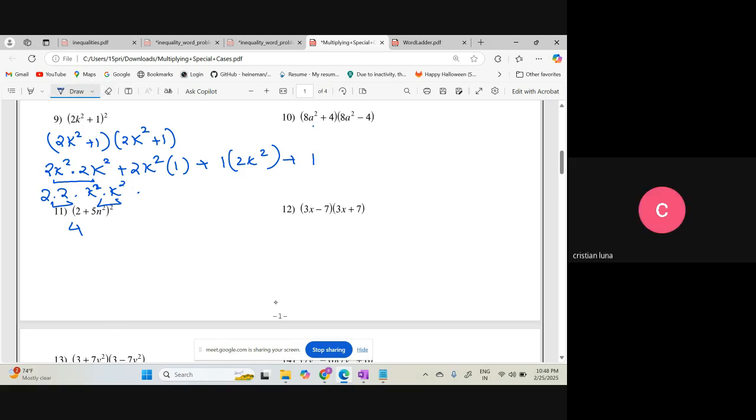Right, so it's going to be k to the power of 4 plus 2k squared plus 3k squared plus 1. Now, this and this are the same power. Over here, when they're being added, you only increase the numerator. But when they're being multiplied, you change the powers.